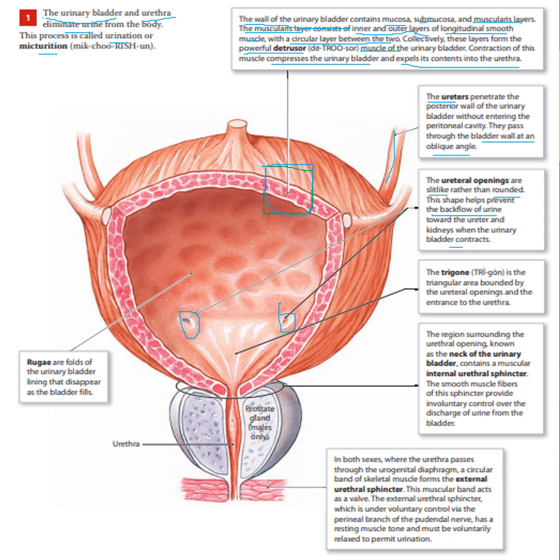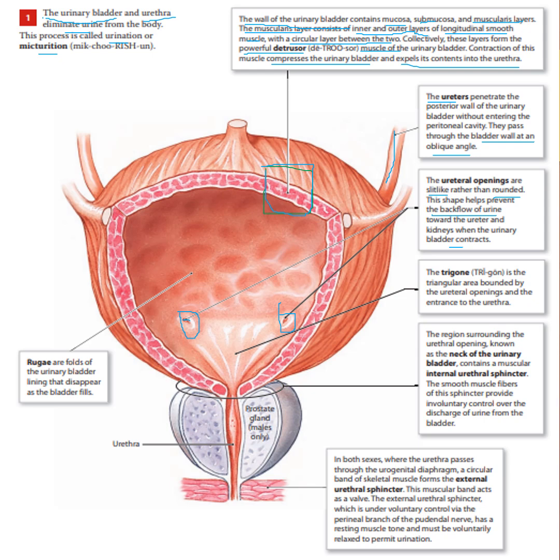So there are two mechanisms available to prevent the backflow of the urine. The first one is the ureter entering the bladder at an oblique angle, so after contraction it prevents the backflow of the urine.